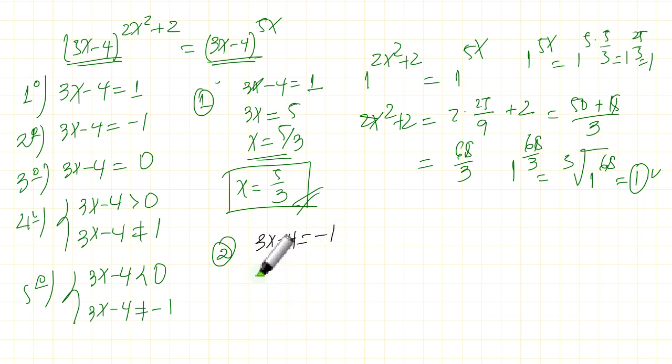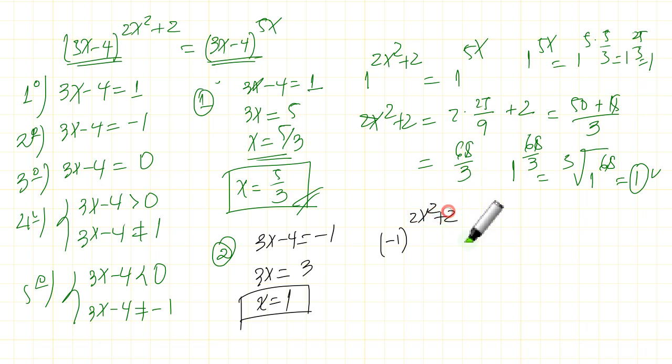So solving this, we're gonna have 3x equals 3, and x is gonna be equal to 1. So now let's check if it's actually going to work. We have -1, because we said this is -1, to the power of 2x squared plus 2 equals -1 to the power of 5x.